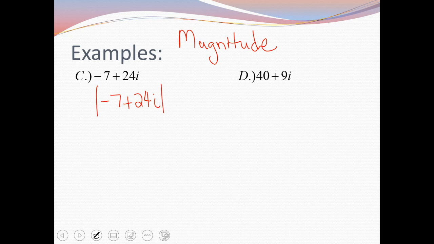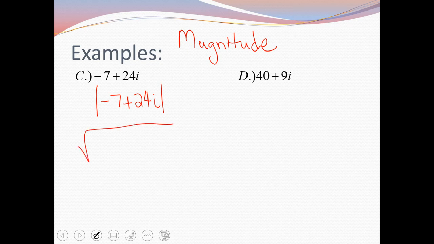So, for example, if I were asked to find the magnitude or absolute value of these two complex numbers, sometimes you might see it written like this. By the way, since you're allowed to use calculators, your calculator will do it this way if you type in the absolute value bar. So on your graphing calculator, if you type in the absolute value of -7 plus 24i and you have your calculator in complex mode, it will tell you the answer.